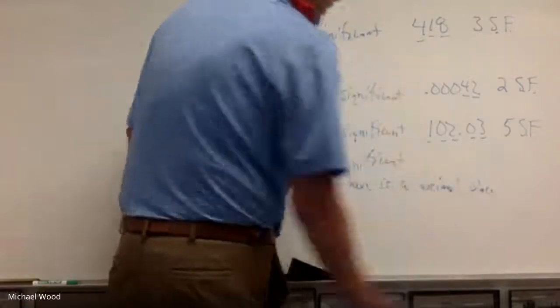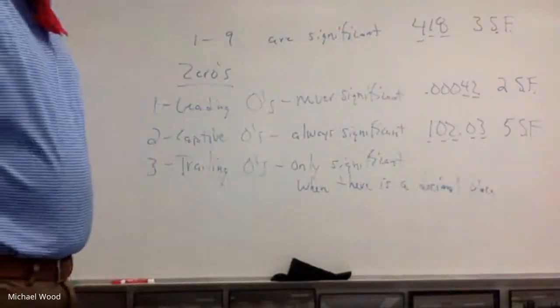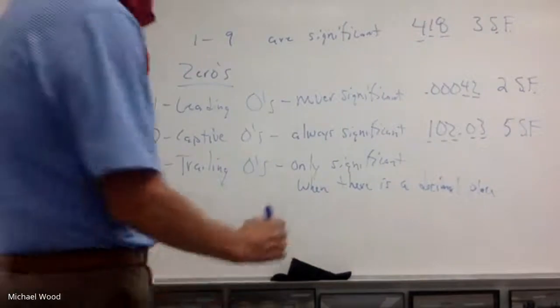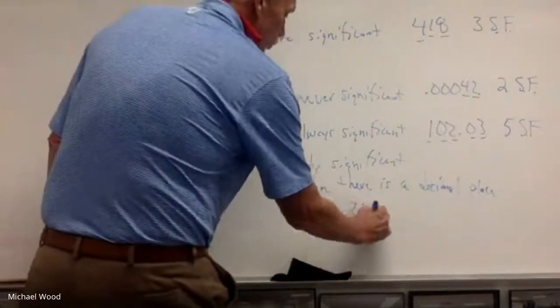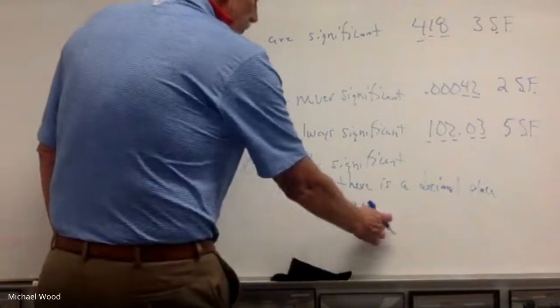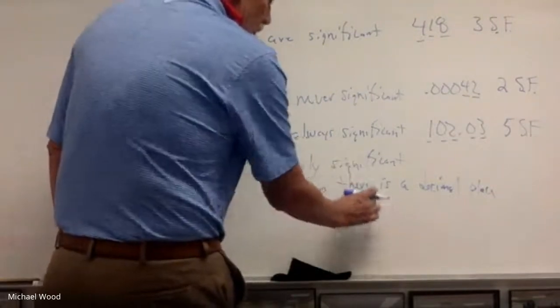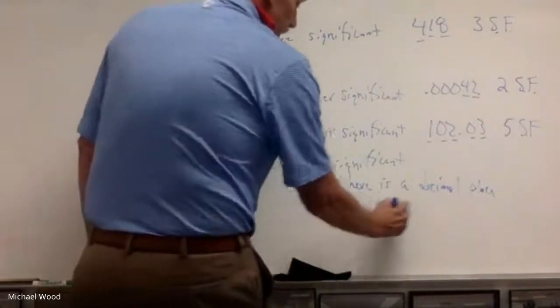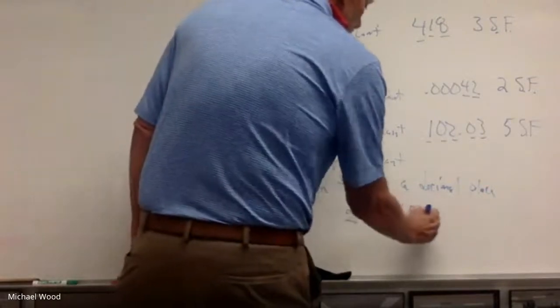So, as strange as this sounds, if I have 200 without a decimal place, these are trailing zeros, so those zeros would not be considered significant. So this would have 1 significant figure.